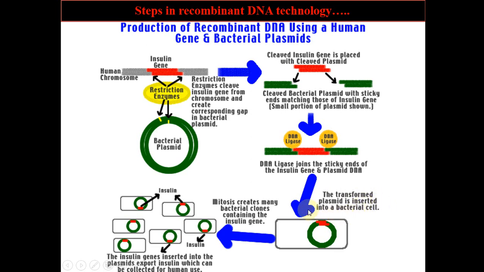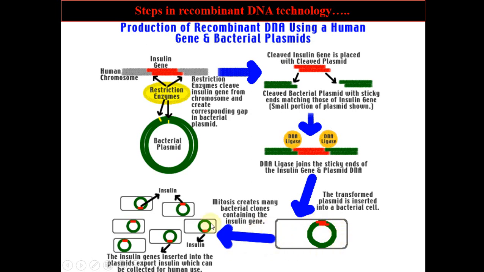Transferring the gene of interest into an organism in which it is not naturally present, but which will support its multiplication and production of protein from it. Such an organism is known as host organism.